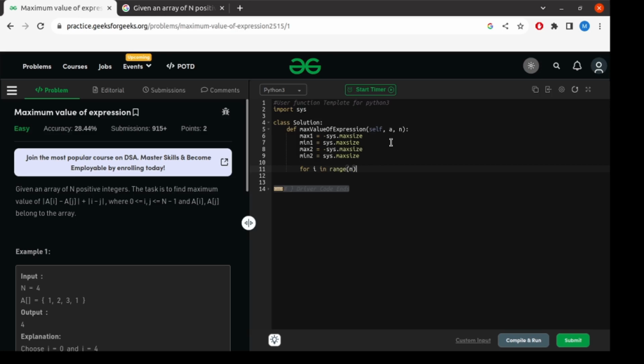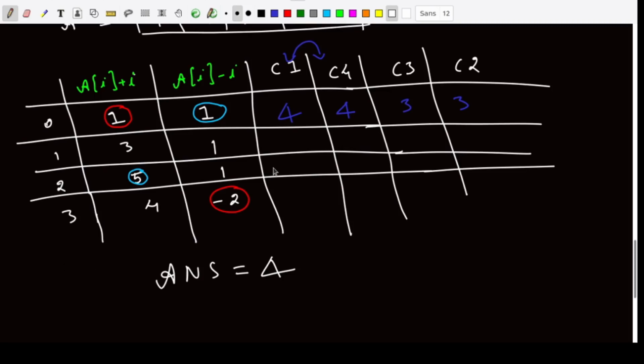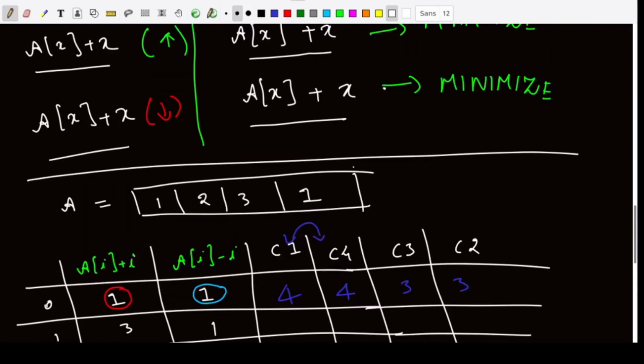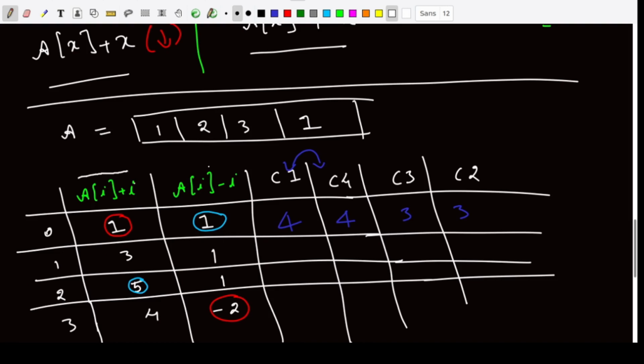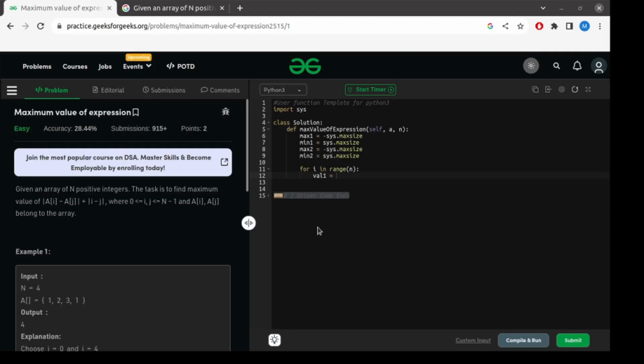n, and we have to find out the value 1, which is what? So the first value was what? Let me just quickly show you. So the first value which we wanted to find out is basically ai plus I, and the second one we wanted to find out is ai minus I. Okay, so let me find out the ai minus I. So a of i plus i, and the second value we wanted to find out is a of i minus i.